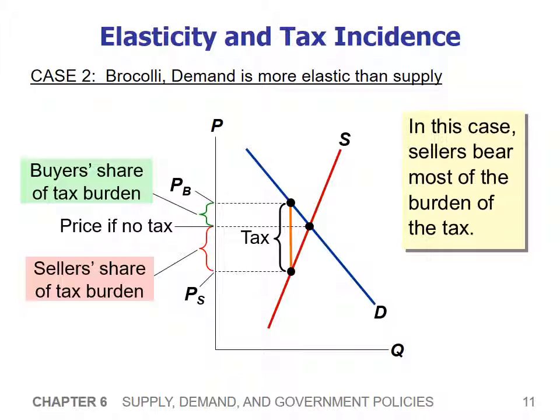So the key point is that whichever side has a more inelastic curve, whether it's the buyers or sellers, is the one who's left with the tax. Whichever side has a more elastic curve is the one who can escape the tax or pays less of the tax.